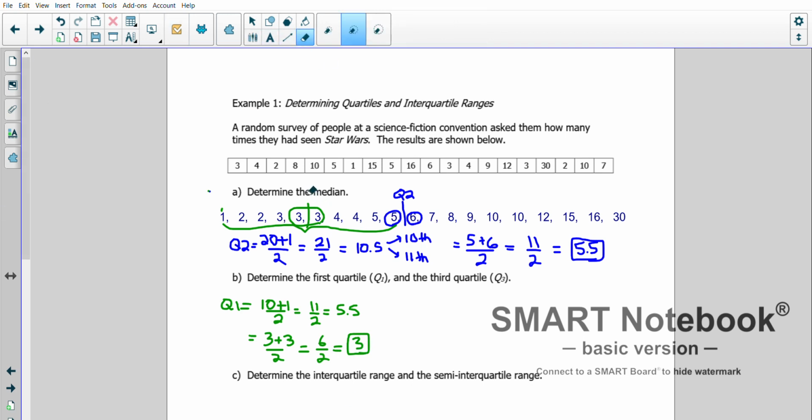Alright, so then I'm just going to fill this in here. Q1. We want Q3.